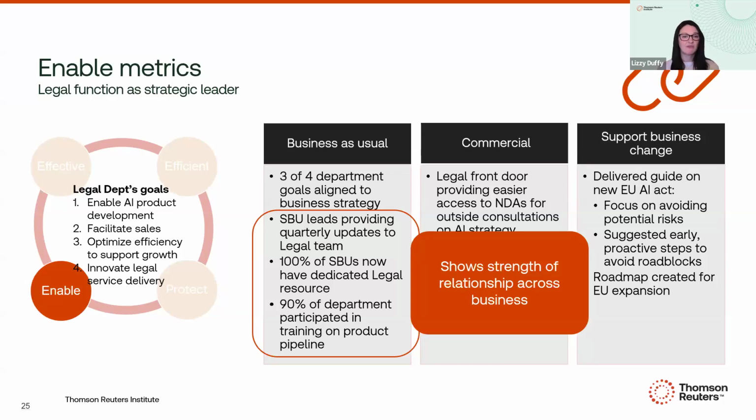We're building those relationships. And 90% of our department have participated in training on product pipeline. So the legal team is learning about other parts of the business. They're learning about the product vision and strategy. That means that we are all better able to map a path forward, find solutions, watch out for risk, and advise our business colleagues. So building relationships is really important here.